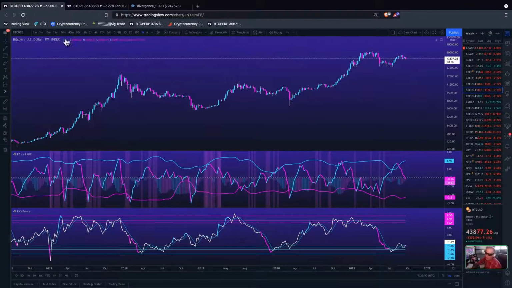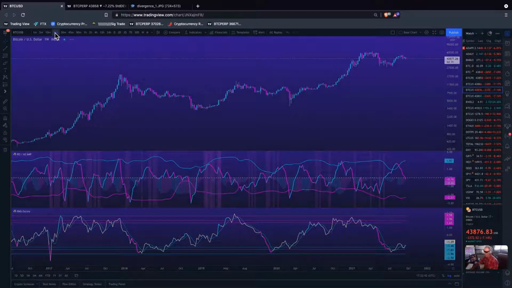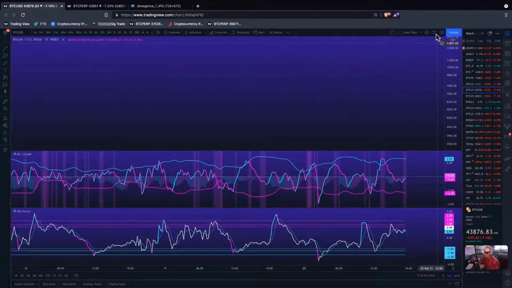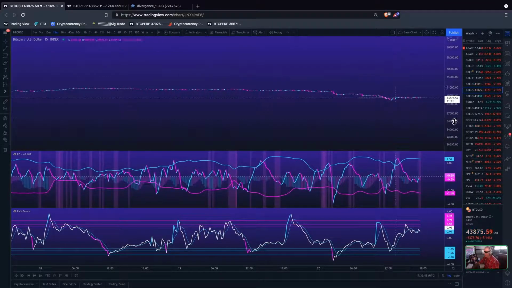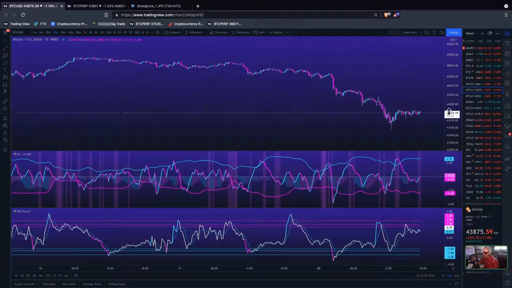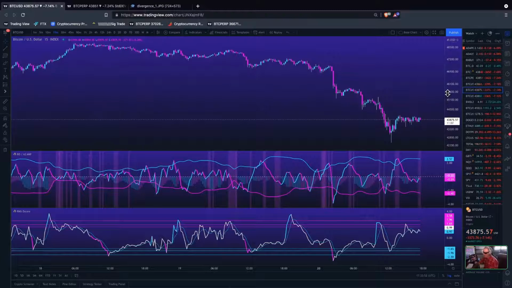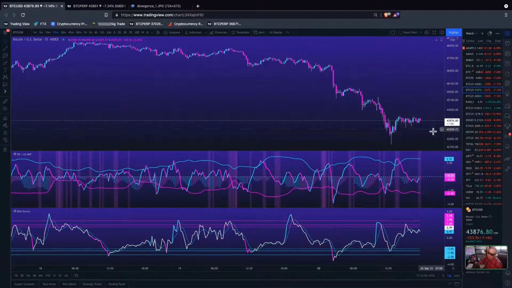Okay, now let's go to some low time frames. My bread and butter right here, ladies and gentlemen. 15-minute chart, and look what's happening right now. Okay, so we get this big dump. This is actually beautiful.